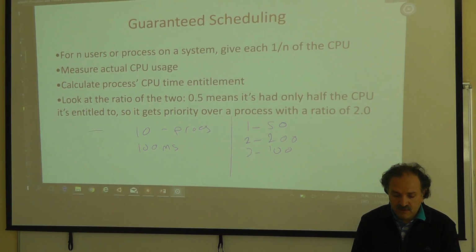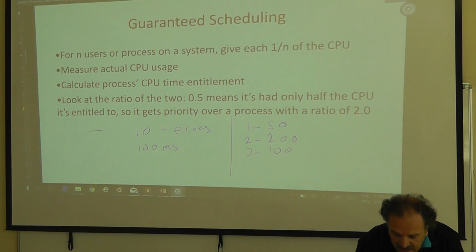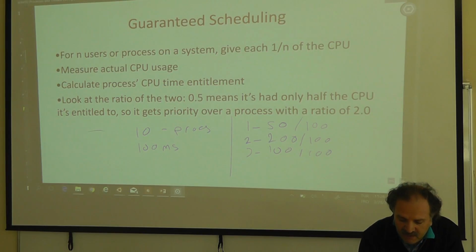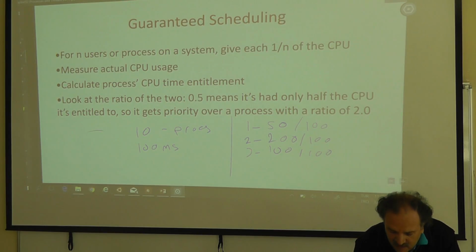So I just look at the ratio of used time over the expected time. 0.5 will get higher priority. 2 will get lower priority.